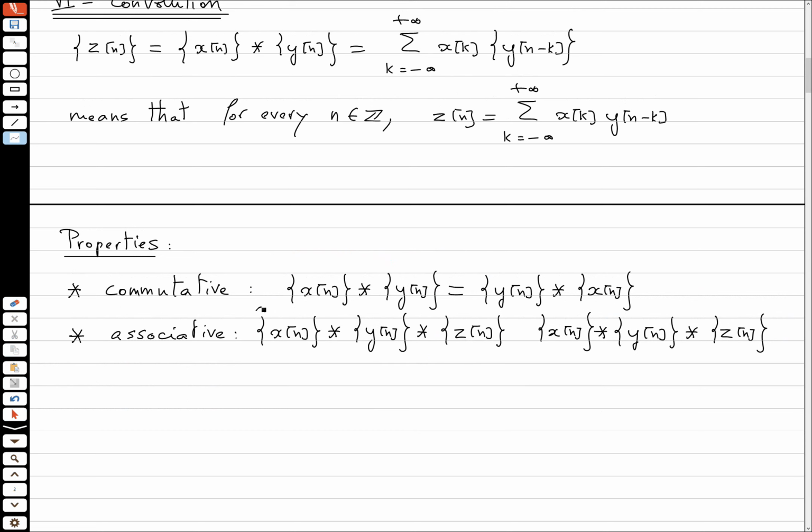For example, convolve the first two first and then the third next, or convolve the last two first and convolve with the first one next. But it doesn't matter because you get the same result. Because you get the same result, we will write this without parentheses.